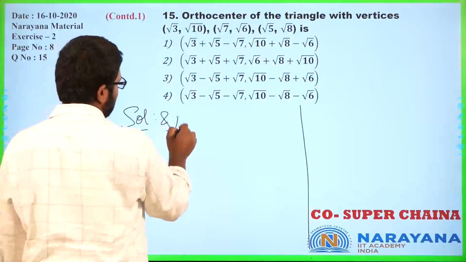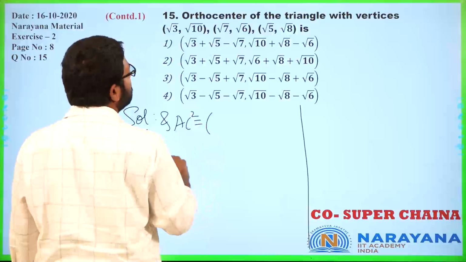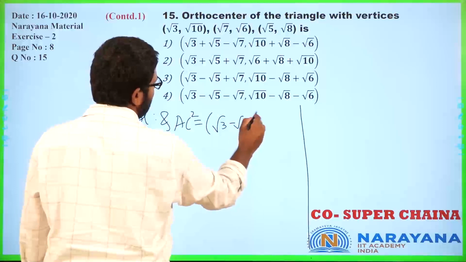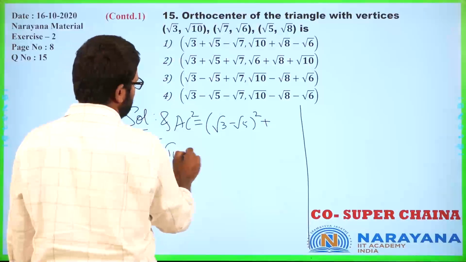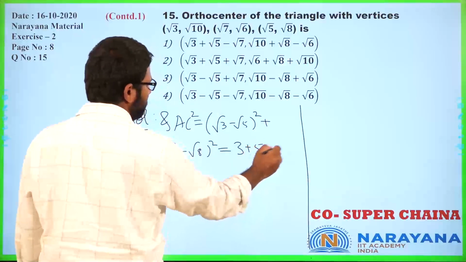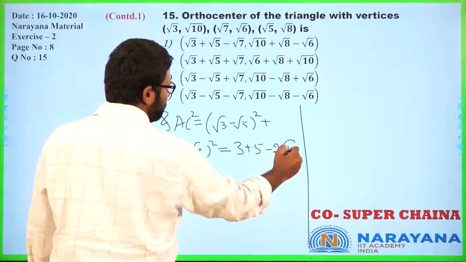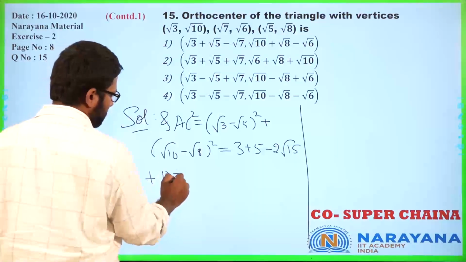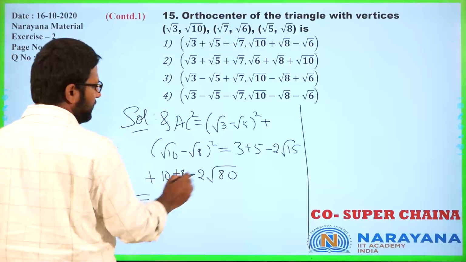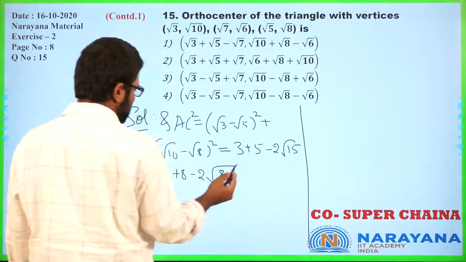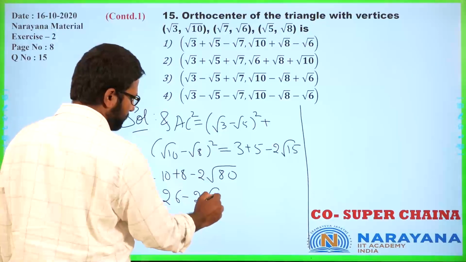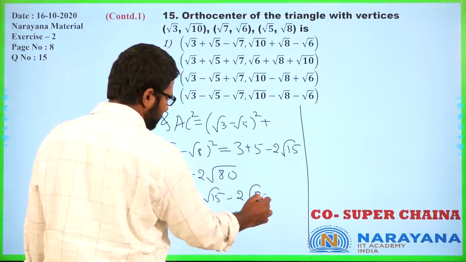AC square is root 3 minus root 5 the whole square plus root 10 minus root 8 the whole square, which is 3 plus 5 minus 2 root 15, and then 10 plus 8 minus 2 root 80. 3 plus 5 is 8, 8 plus 18, once again 26, minus 2 root 15 minus 2 root 80, right?